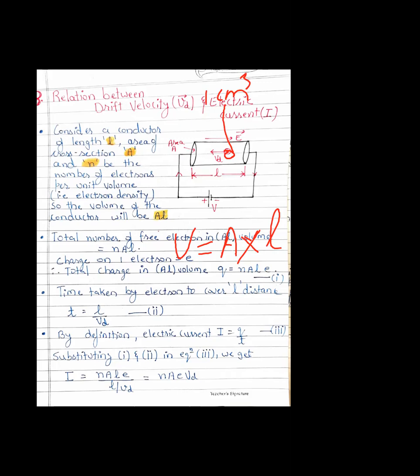How many electrons? n electrons, in unit volume. In unit volume, meaning in 1 centimeter cube volume, there are n electrons. Total volume, we just found, is AL.